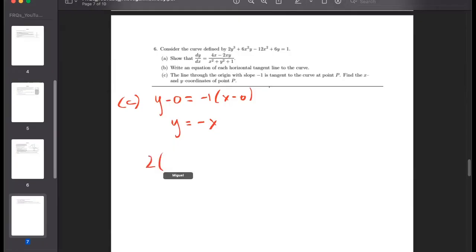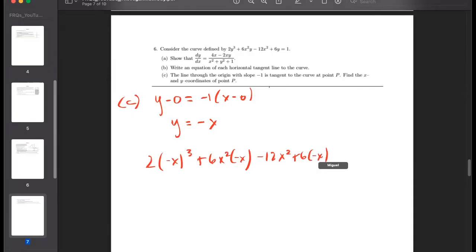So we plug in -x for our y's in the original function. We have 2 times (-x) cubed plus 6x squared times (-x) minus 12 times x squared plus 6 times (-x) is equal to 1. I keep saying -y, but I mean -x.